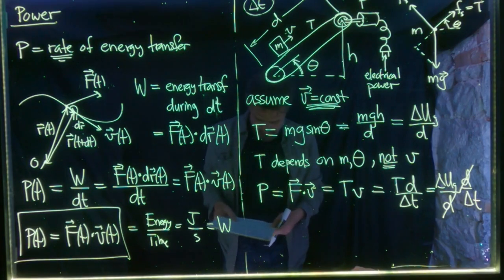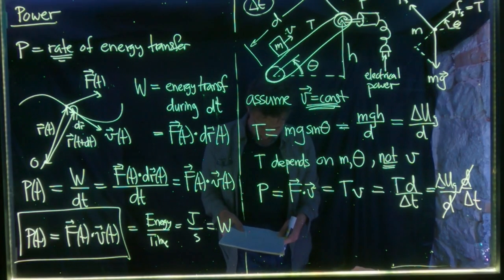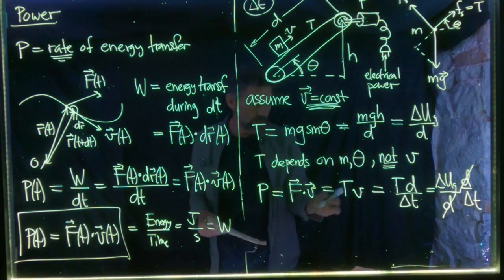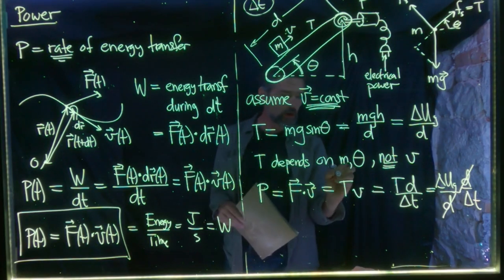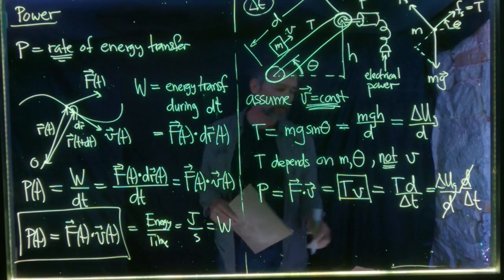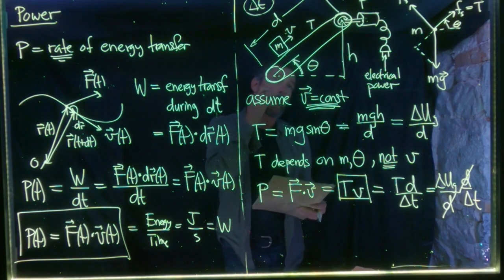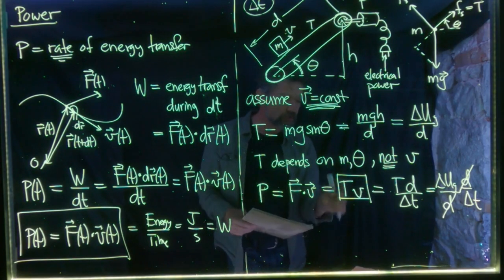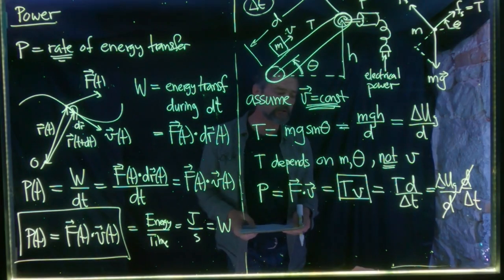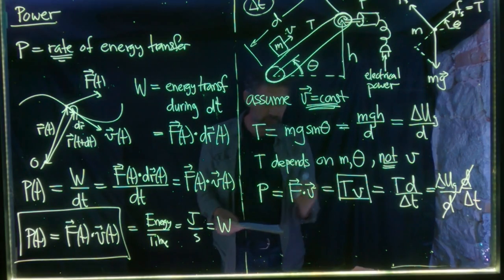Oh, one other thing I wanted to point out is that power is equal to T, the tension, times v. And remember that this tension does not depend upon the speed v. So the idea is for a motor of fixed power.